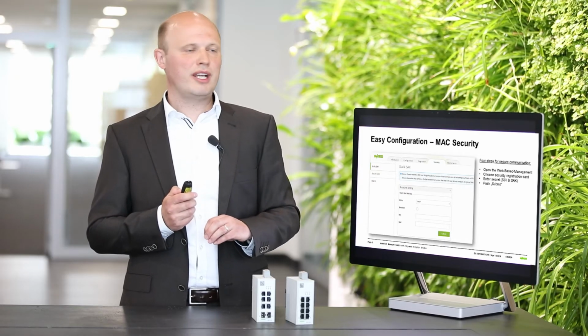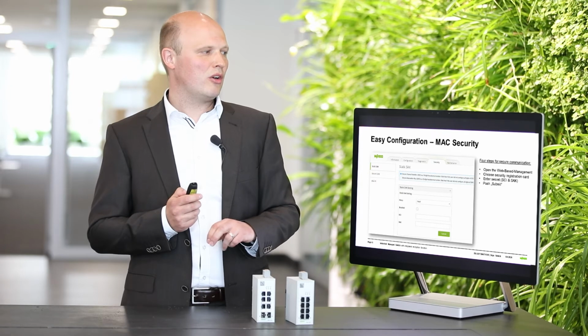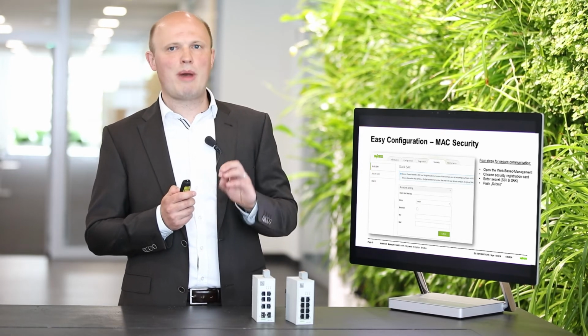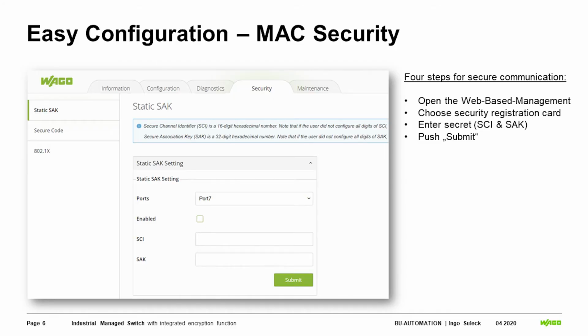It's easy to configure. That means you need only 4 steps. The first step is to connect over the web-based management to the switch. The second step is to open the security area. Then you must enter the secret into the switch.